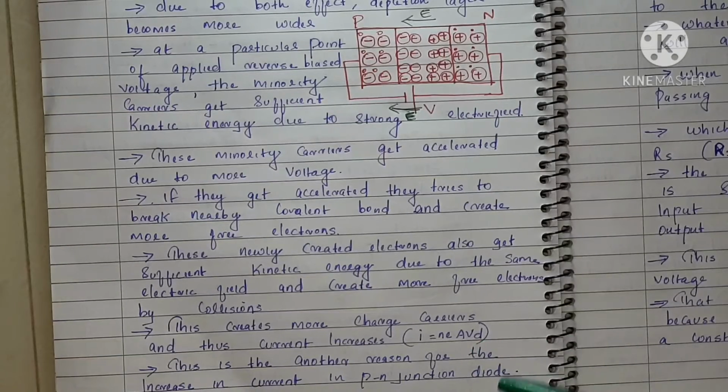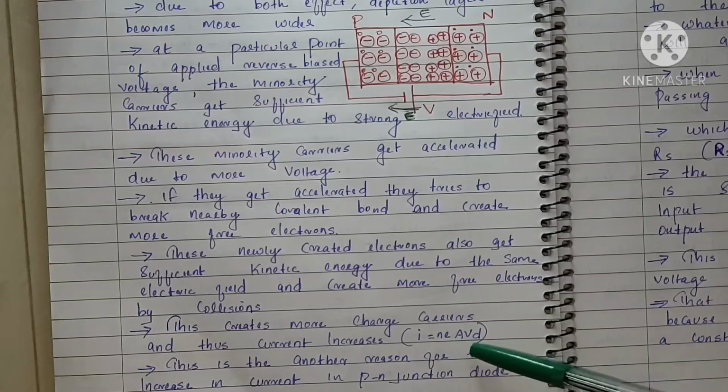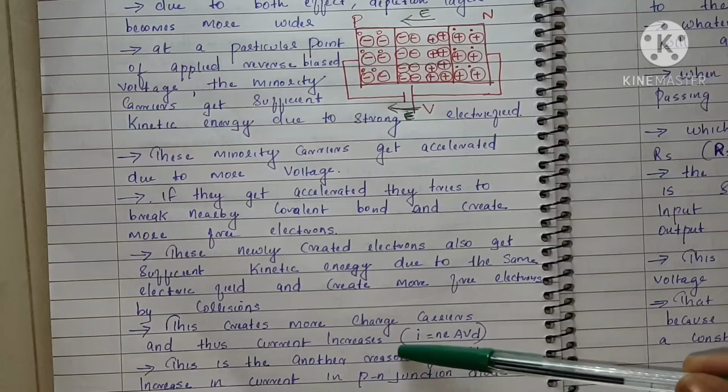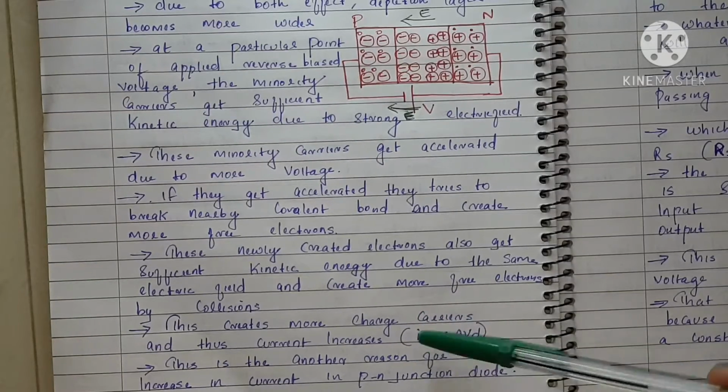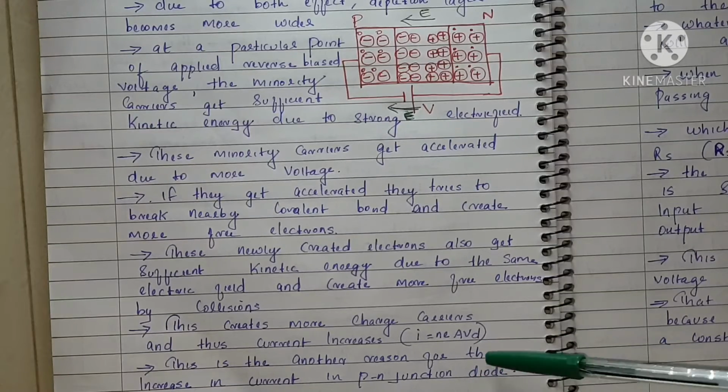This creates more charge carriers. According to the equation I equals nAevd, if there are more charge carriers, of course there will be more current flow. This is another reason for the increase in current in a PN junction diode.